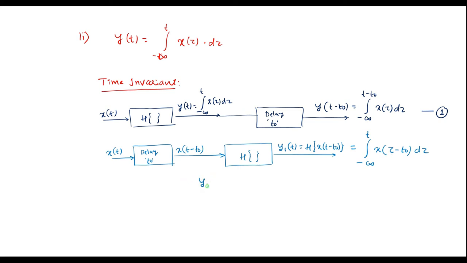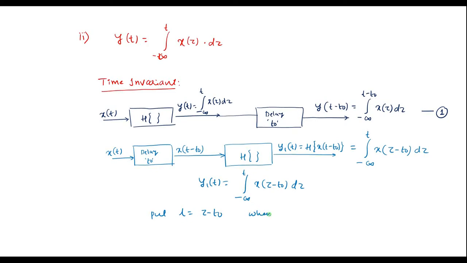That is, y1 of t is equal to integration minus infinity to t x of tau minus t naught d tau. For simplification, I will put L is equal to tau minus t naught. So I will replace tau minus t naught by another variable, say L.